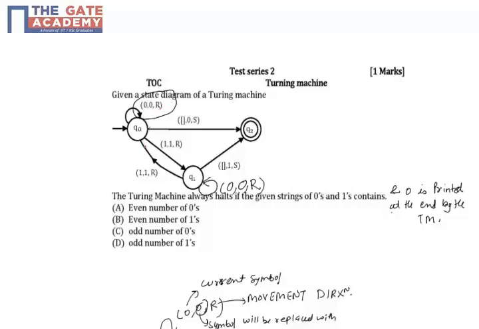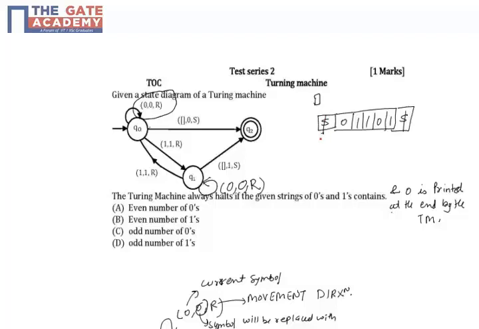If you get a 1, replace it with 1, change the state to Q1 and again move to the right. If you get 0, replace it with 0 itself, move to the right. If you get 1 in this state, replace it with 1 and again go to the right. When we write some input string, we mark an end marker at both sides.